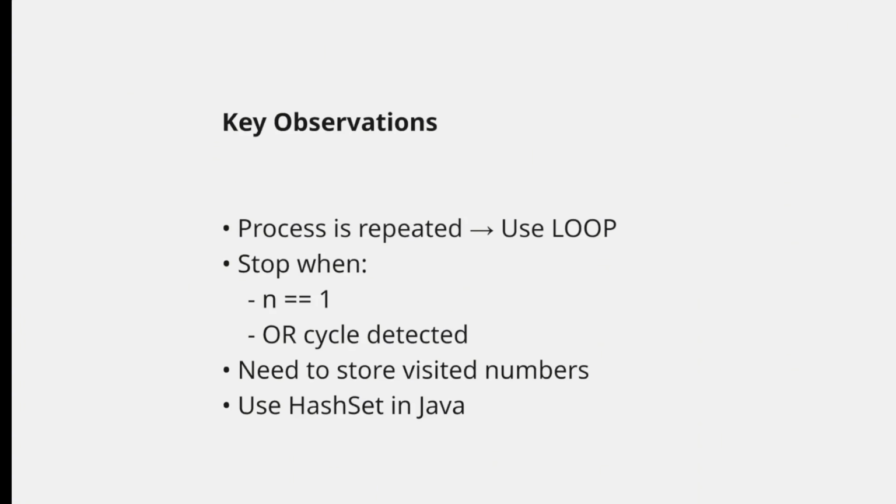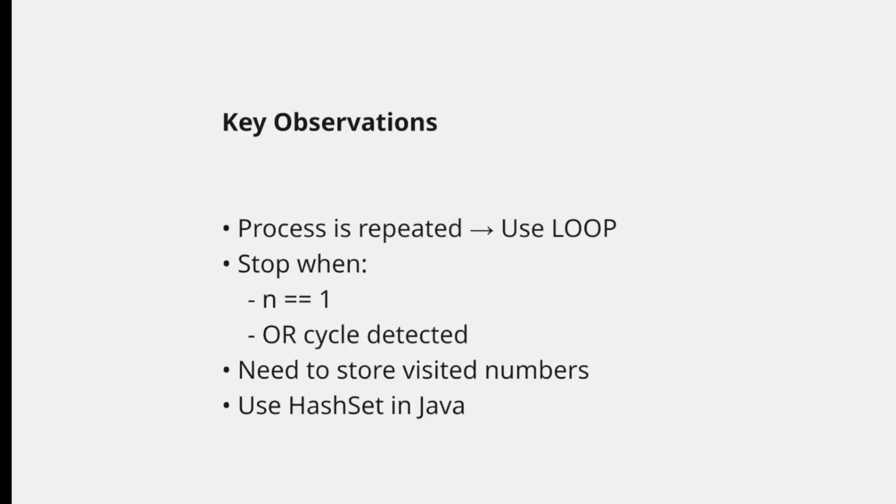And this repetition immediately tells us we need a loop, especially a while loop, because we don't know in advance how many times we'll repeat. So we keep going until a condition is met.